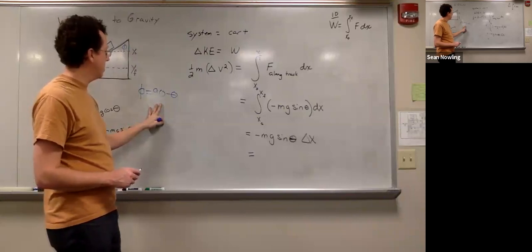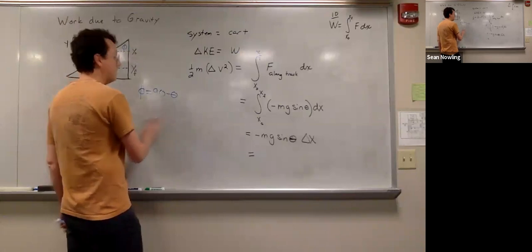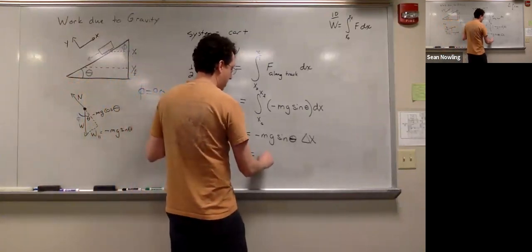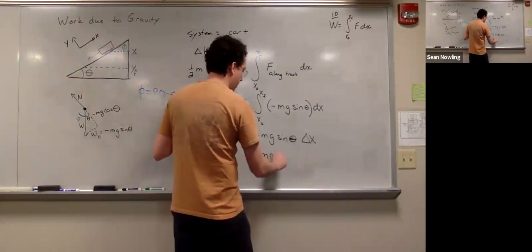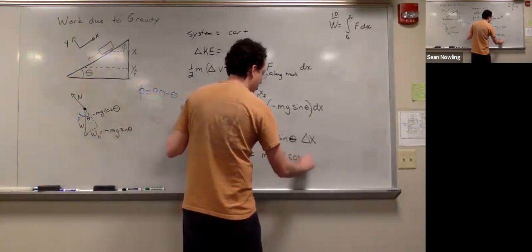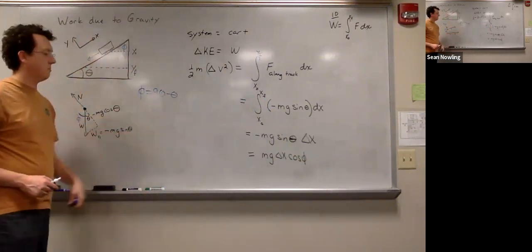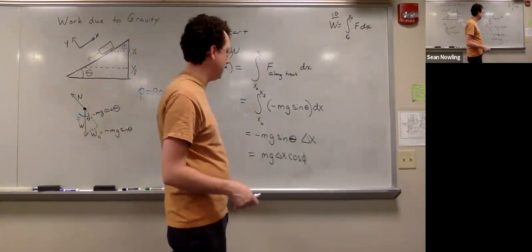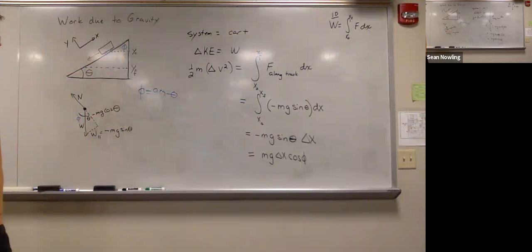So it's going to end up being mg delta x times cosine of phi with a plus sign. You have to go through the different properties to work that out of shifting sines and cosines, but it ends up with a plus sign. That's a very suggestive way to write that.